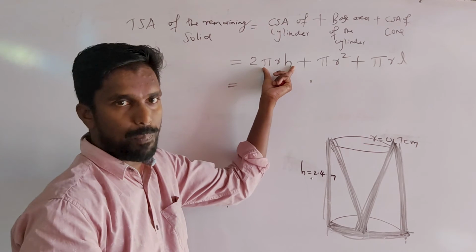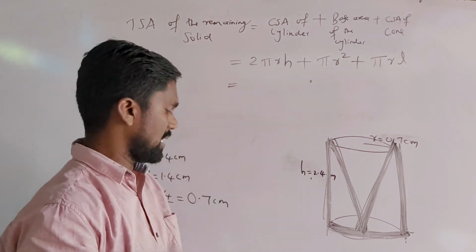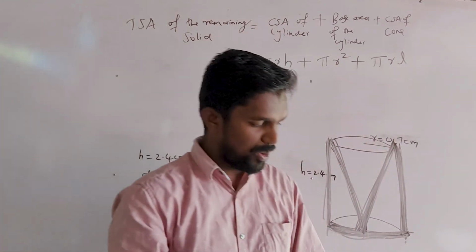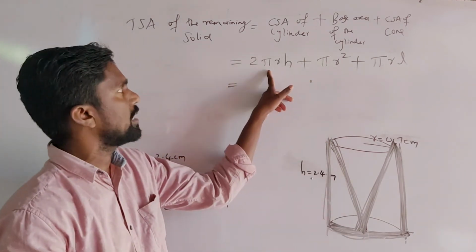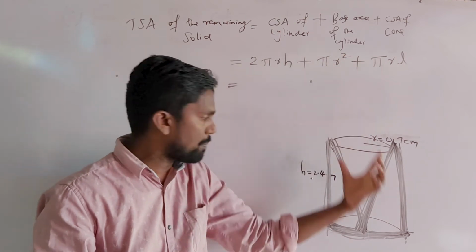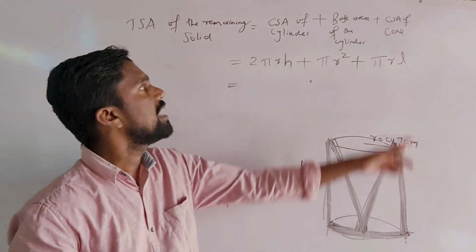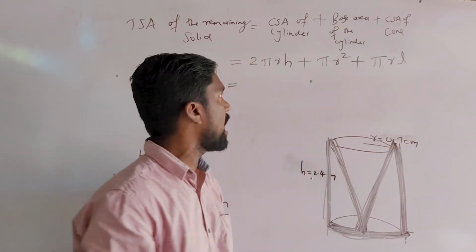CSA of cylinder is 2 pi r h. Base area of the cylinder is pi r square. CSA of cone is pi r l.